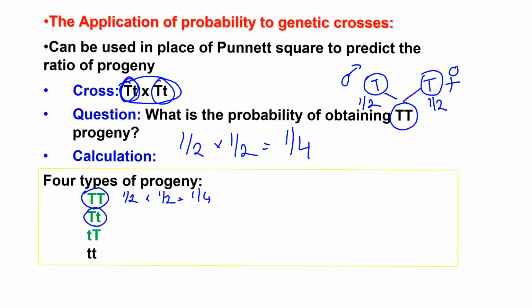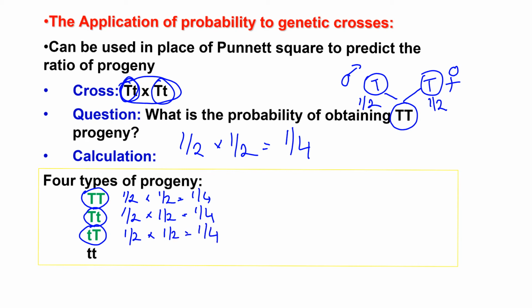Third scenario possibility of how this event occurs is to receive recessive allele from first parent and dominant from second one, and probability is again the same 1/4. And the last scenario is that the offspring receive recessive allele from each parent, and you have this probability calculated.